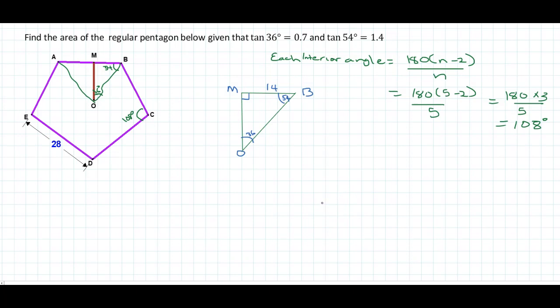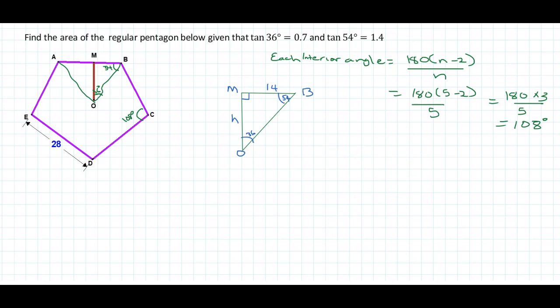So now let's go ahead and find the height. This is your apothem, which is your height here. And so let's go and find the height. So tan 36 degrees is going to be opposite, which is 14 divided by adjacent. So therefore, we have, actually I'm going to use 54. 54 is a lot easier to work with.